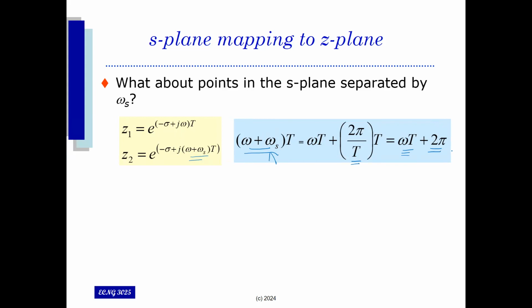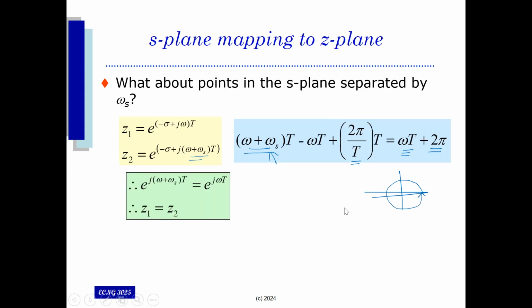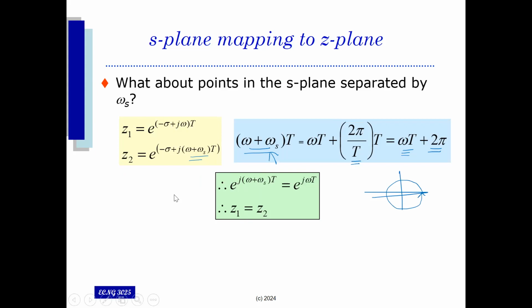plus 2 pi. 2 pi, remember, if you're plotting on a circle, 2 pi means that you have gone around the circle and you're back where you started. So in other words, as far as our plot of e to the j omega plus omega s capital T is concerned, those 2 points, Z and Z1, will be the same point.